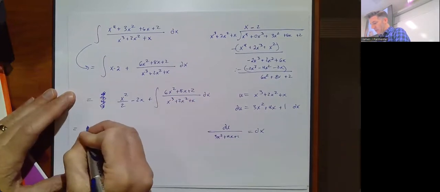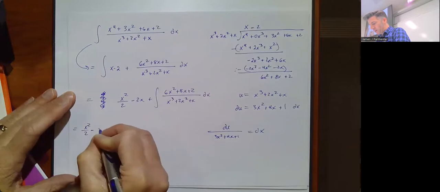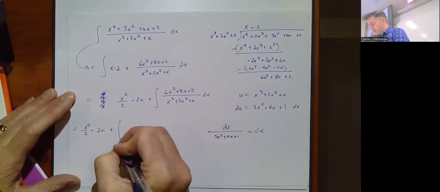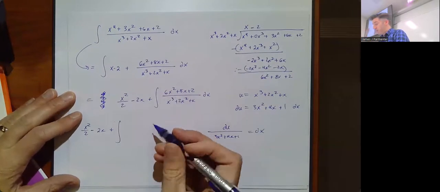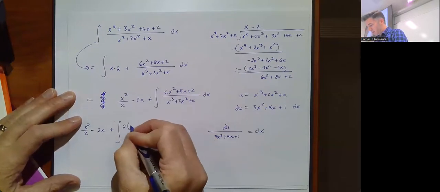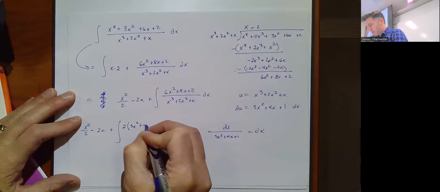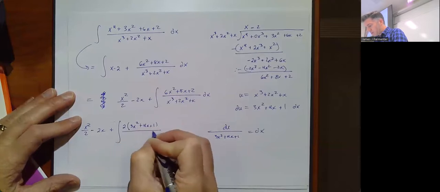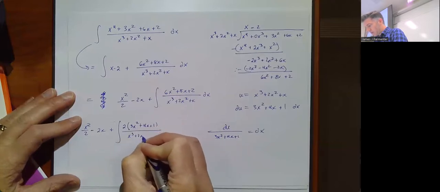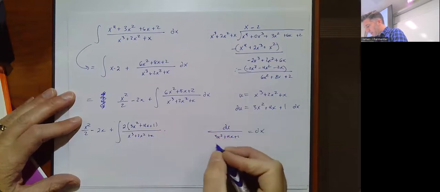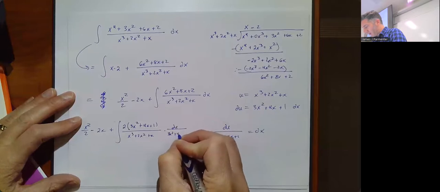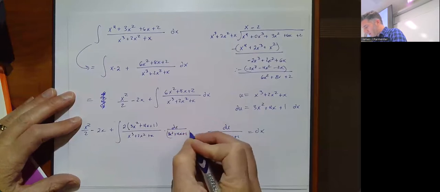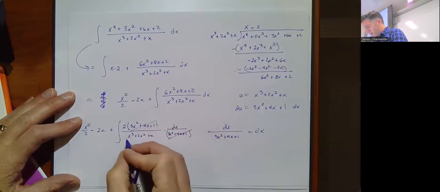I might rewrite this as x squared over 2 minus 2x plus the integral of, I might factor out the 2 from the top here just to make it super obvious what's going to happen. So this is 2 times 3x squared plus 4x plus 1 over x cubed plus 2x squared plus x times my du over 3x squared plus 4x plus 1. That cancels that. That becomes u.